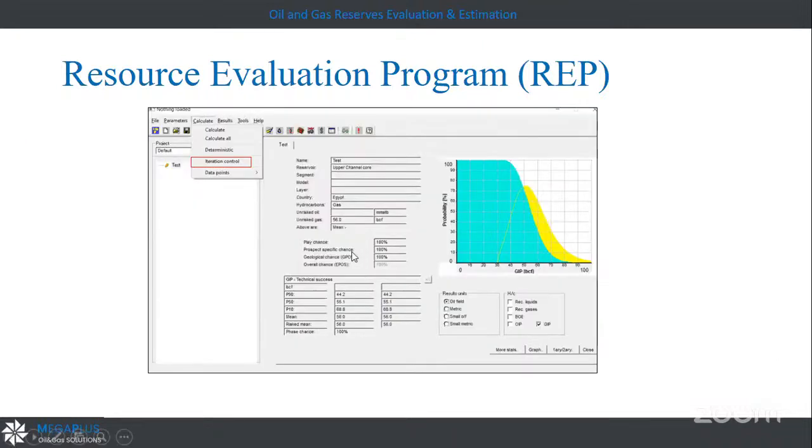After that, I give the iteration control, telling it to make this calculation, for example, 2,000 or 20,000 times to get the final probabilistic results.